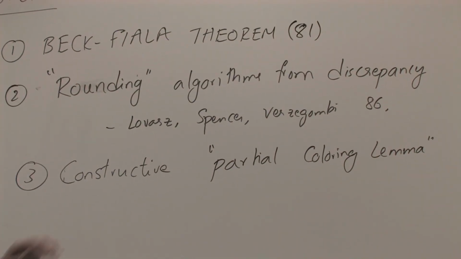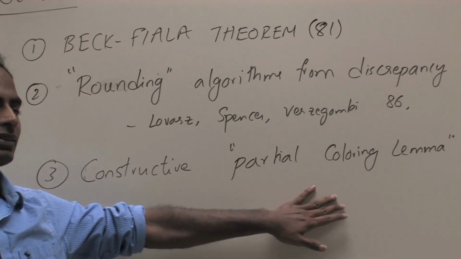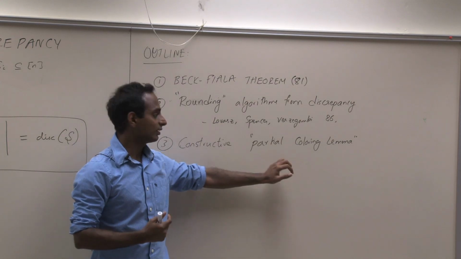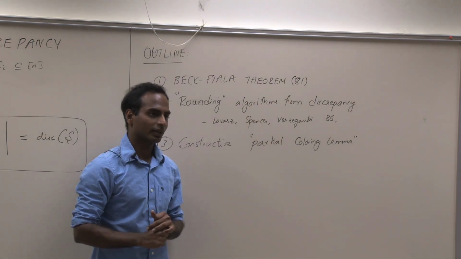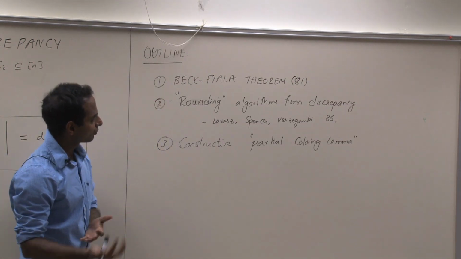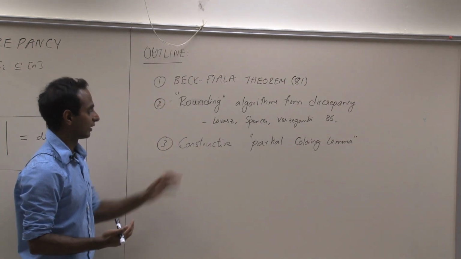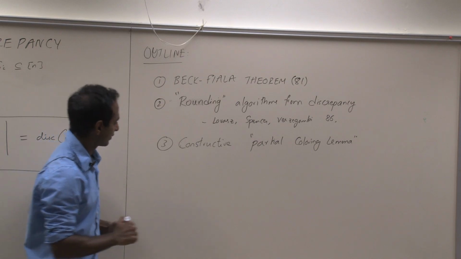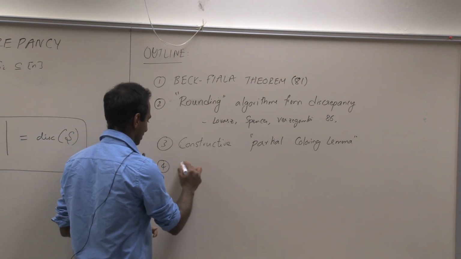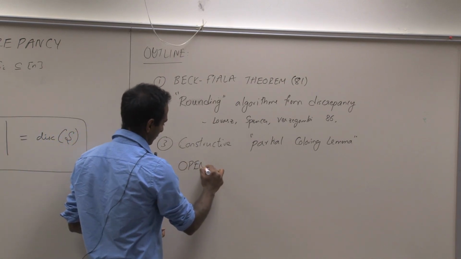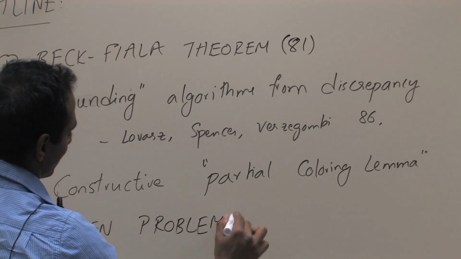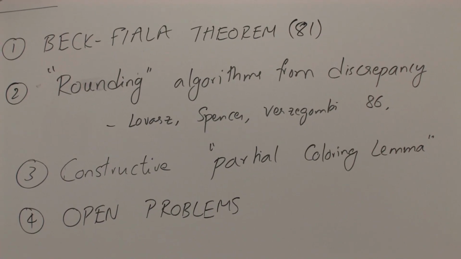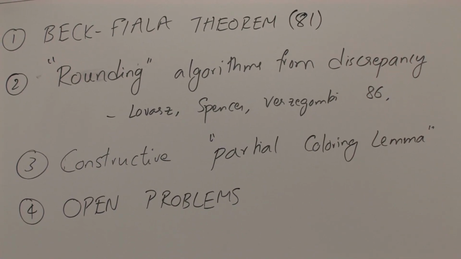As we'll see, the partial coloring lemma is one of the central techniques used in bounding discrepancy, and it was introduced by Beck in 1980. We will give a new proof of it, which also turns out to be simpler and constructive. And finally, I'll finish with some open problems, which is probably the most important part of the talk, because I hope some of you will start working on them.